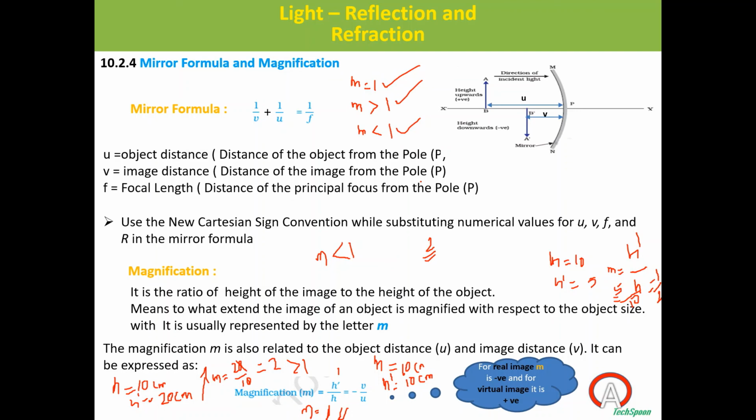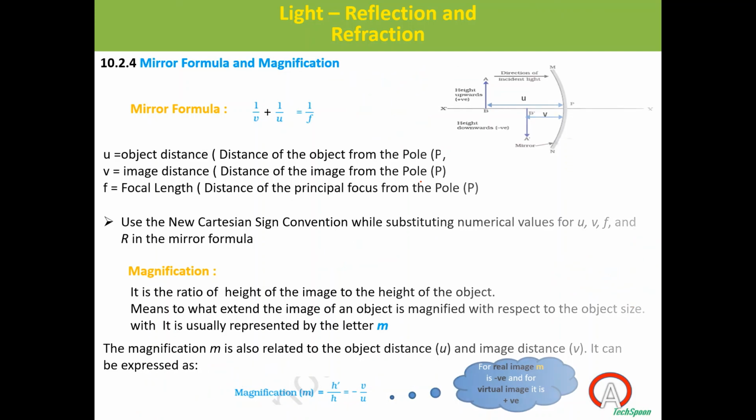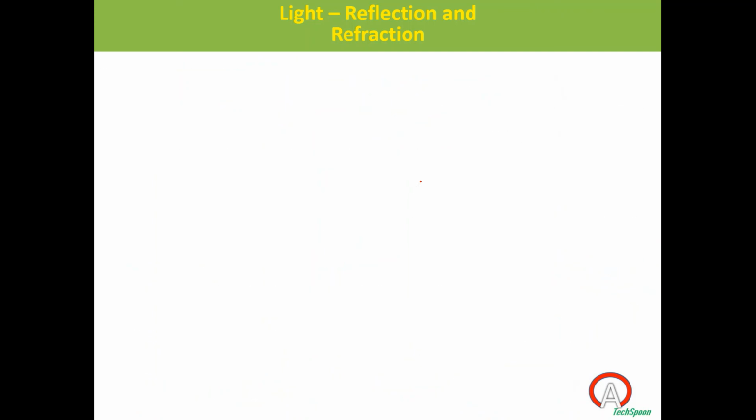M is equal to 1. If m is greater than 1, the image height, the numerator, is increased. Greater than 1 means enlarged image. If m is less than 1, it is diminished image. Got the point? Clear, Abhijit? Aman?